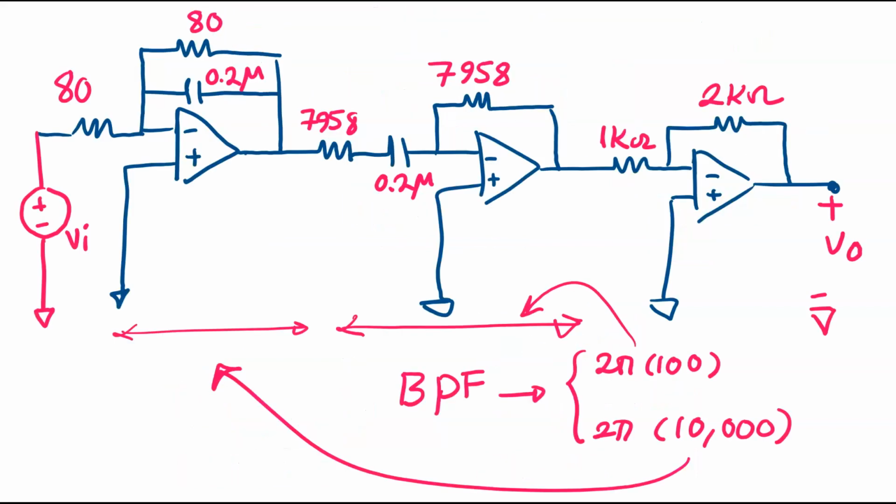So here you saw the design of a bandpass filter with widely separated cutoff frequencies. In another video, I'm going to show you how you can design a bandpass filter which does not have widely separated cutoff frequencies.